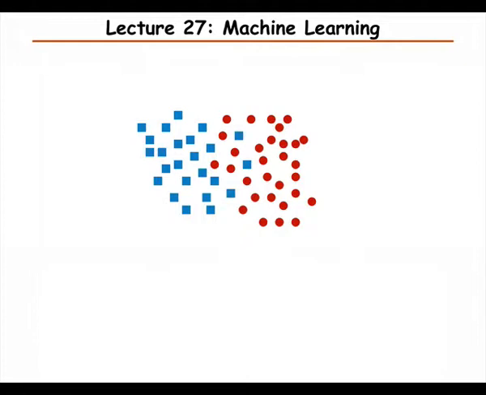So in this multidimensional space, you want to be able to find a separation between your 2 cases. In a 2-dimensional case, we would draw a line to try to separate the blue squares from the red circles.